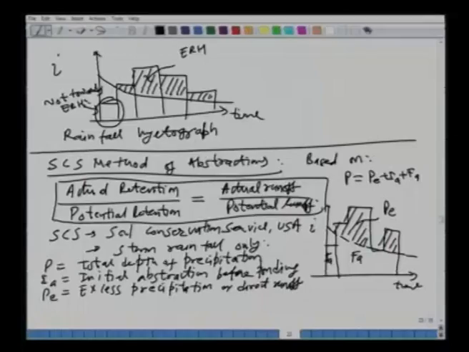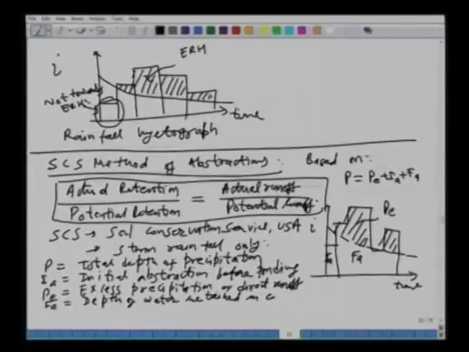All of those retention has been satisfied. So, everything else will run off as effective rainfall. FA is your depth of water retained in the catchment or in the watershed.